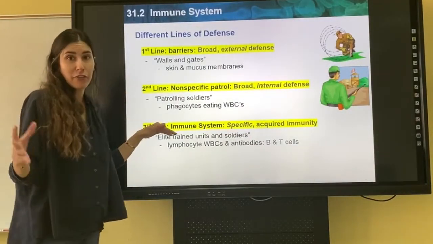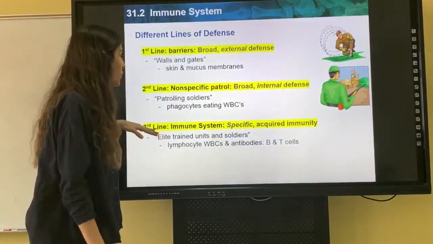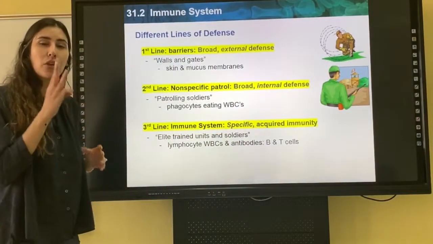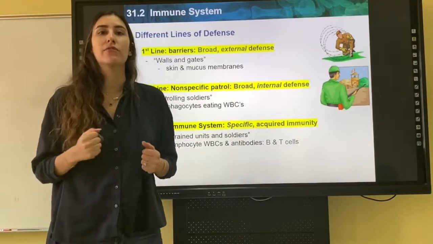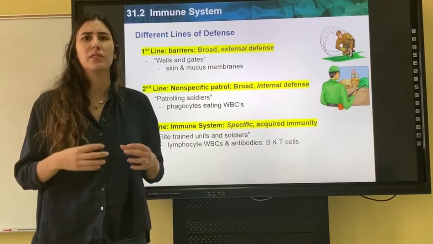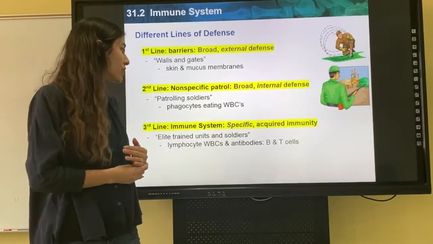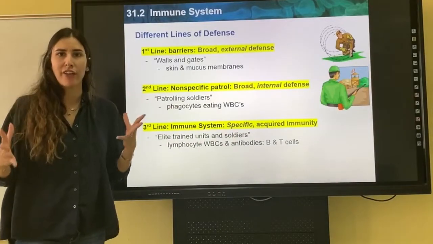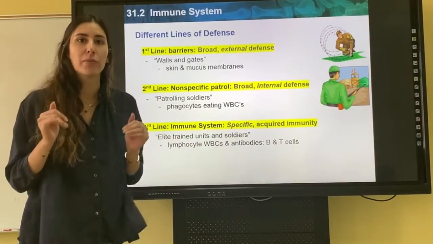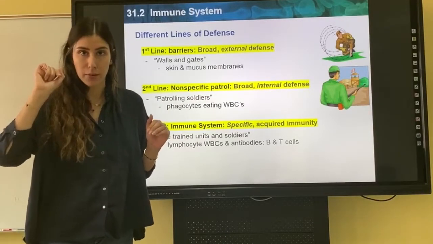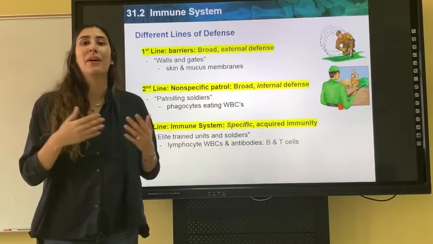Then, okay, if the pathogen still is able to get past those white blood cells, we go through the third line of defense. So the third line of defense is very specific. Think of it as those specific sergeants, okay, or the specific soldiers that have a specific job, and they have all the really fancy weapons and the really fancy machinery and all the technology, and they are able to target the intruder or target the enemy, and they are able to eliminate it much easier.